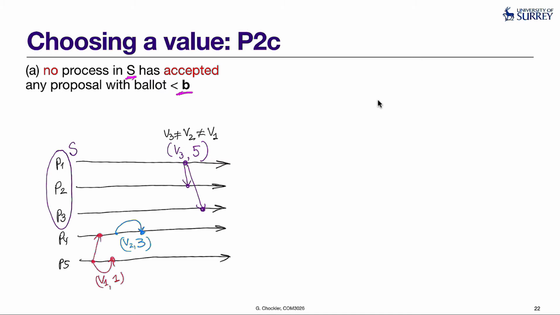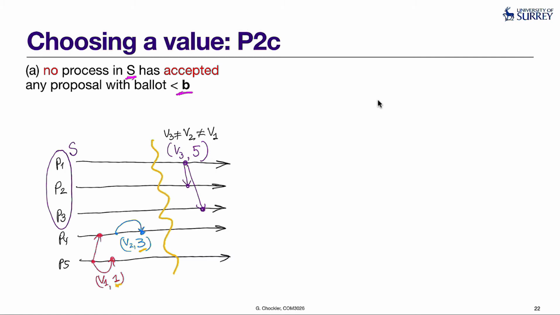So here we have a situation, say up to this point, that no value is actually chosen. So there were two attempts to propose a value with the ballot number 1 and ballot number 3. So ballot numbers don't have to be consecutive, by the way. They only need to be unique, right?